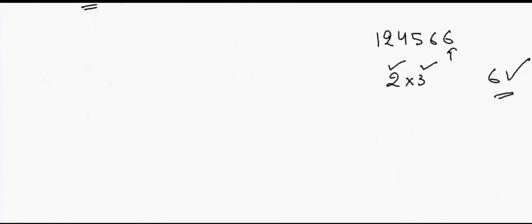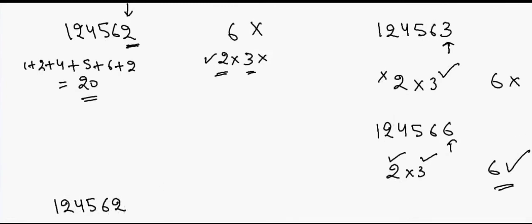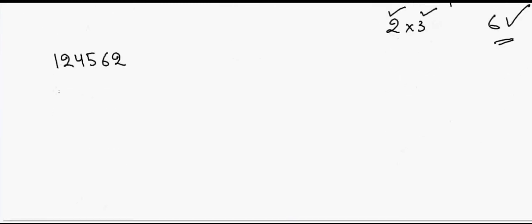Now let's go for 8. So now we have 1 2 4 5 6 2, and we want to find out whether this number is divisible by 8. In that case, we'll take the last 3 digits and see if 562 is divisible by 8.